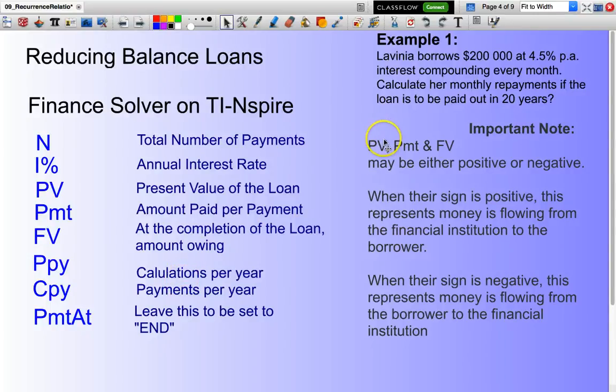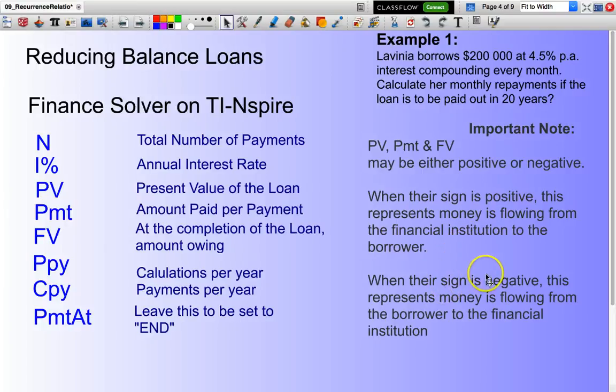Now, it's important to note that the present value, the payment, and the future value, basically all the variables that contain dollars, have a sign component. They may be either positive or negative. When their sign is positive, this represents money flowing from the financial institution to the borrower.